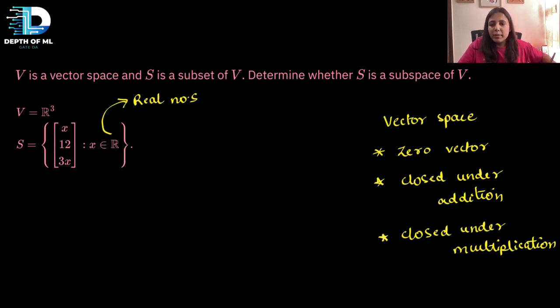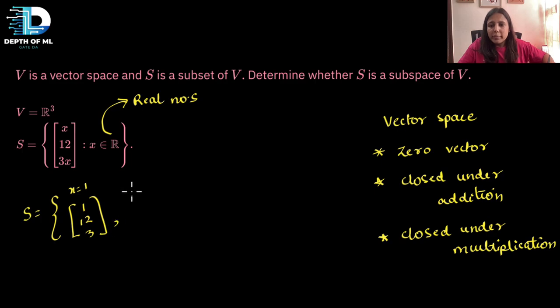The way we will approach this is we will check whether these 3 things are satisfied. If one of them is not satisfied, this will not be a subspace. So first, let's understand what this set contains. Let me say x equals 1. Then the vector we get is 1, 12 and 3.